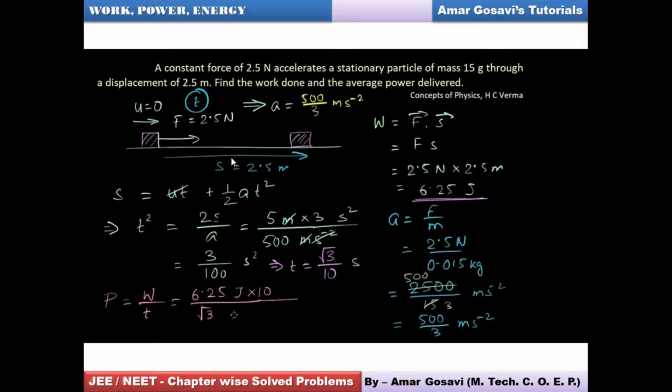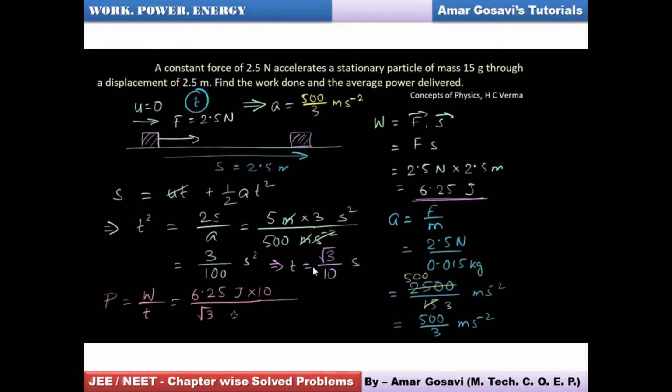Now using the kinematical equation of motion, the second equation of motion, s is equal to ut plus half at square. Ut becomes 0 because u is 0. So I can get t square as 2s divided by a. I know the displacement, and I have estimated the acceleration as 500 by 3. I substitute it here, and I get the time in which this entire thing happens equal to root 3 by 10 seconds.